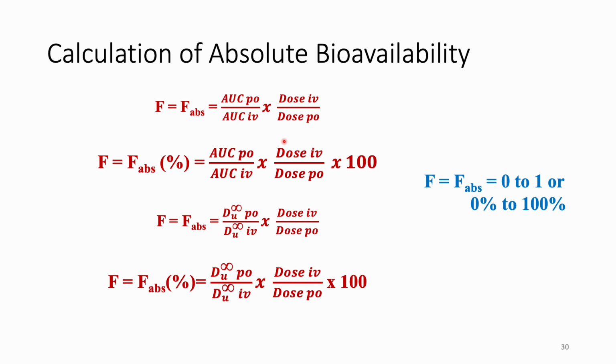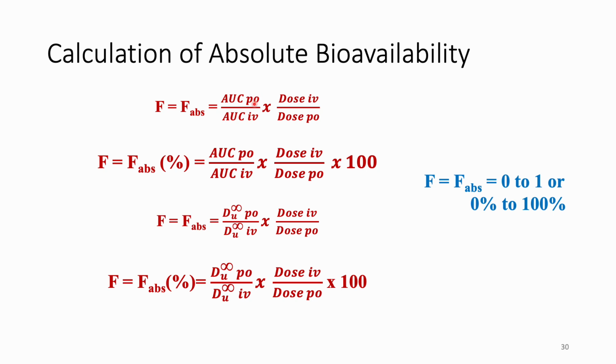First, to calculate the absolute bioavailability of a drug using the AUC, or the area under the curve, the bioavailability is calculated by comparing the AUC of extravascular administration.